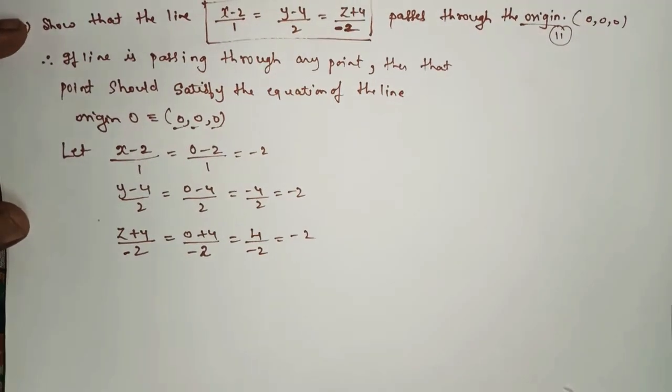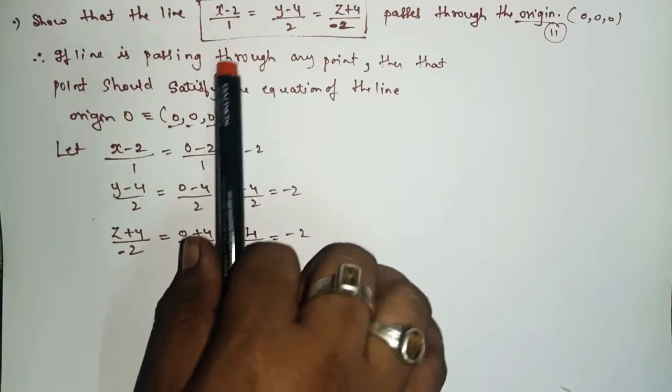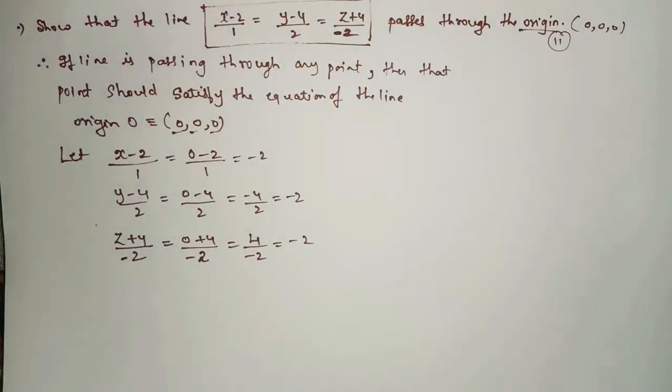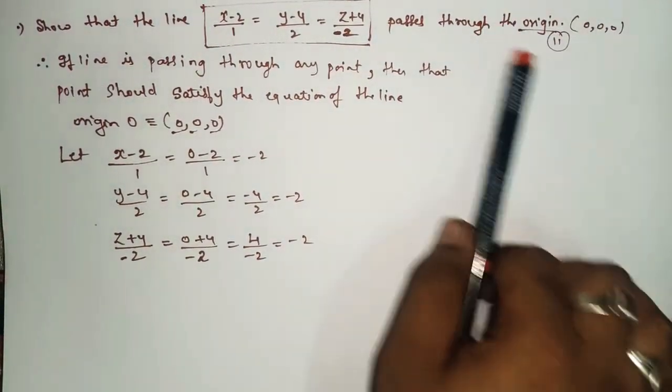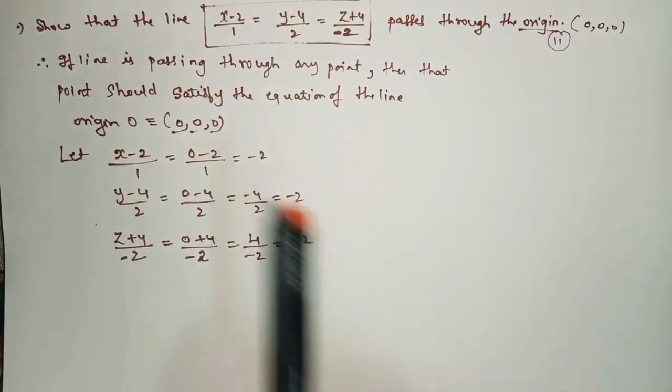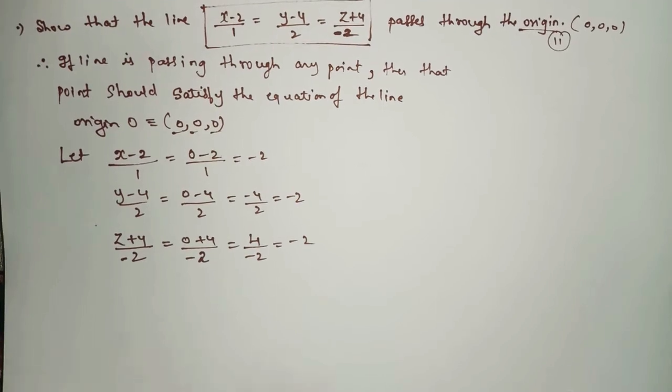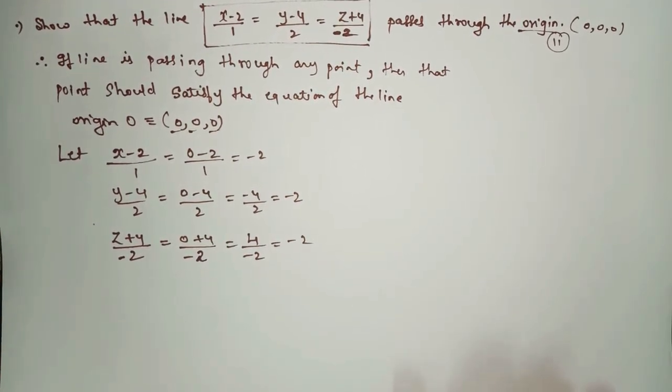Okay, so simply what you have to do, you will have a Cartesian equation and you have to show that the line is passing through the origin. Simply you will take this coordinate and substitute the value here. If each ratio is equal to the same number, then we can say that the line is passing through origin. That's it, a simple concept like we did in collinear.